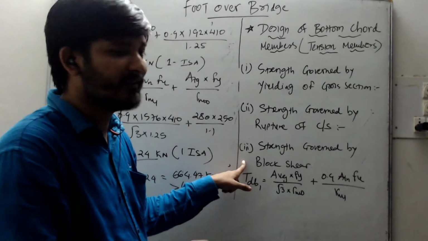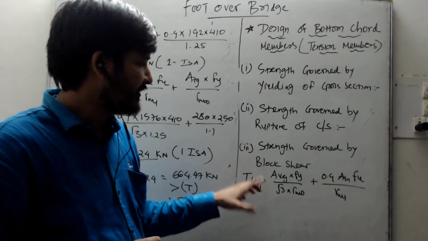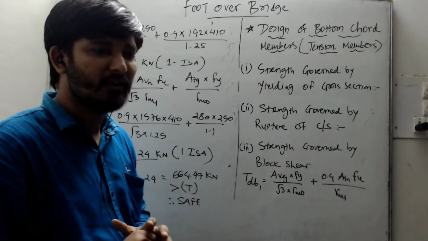The formulas are given in IS 800-2007. You just need to find out certain unknown values and you can easily calculate and check whether it is safe or not, right?